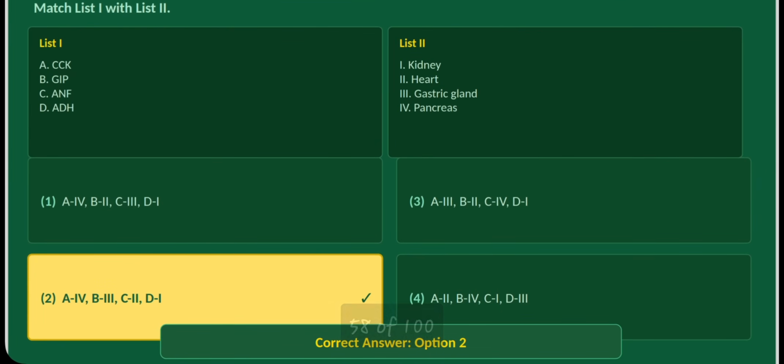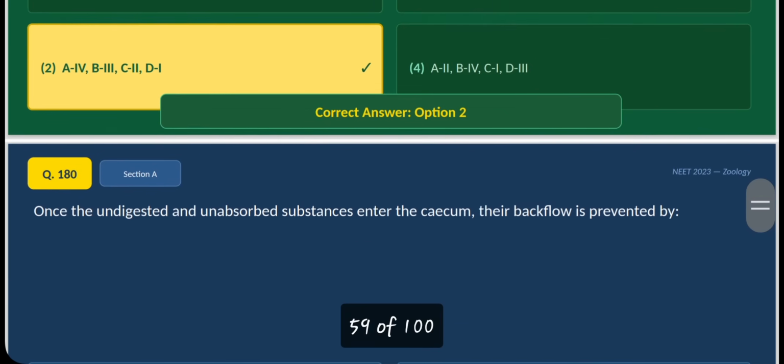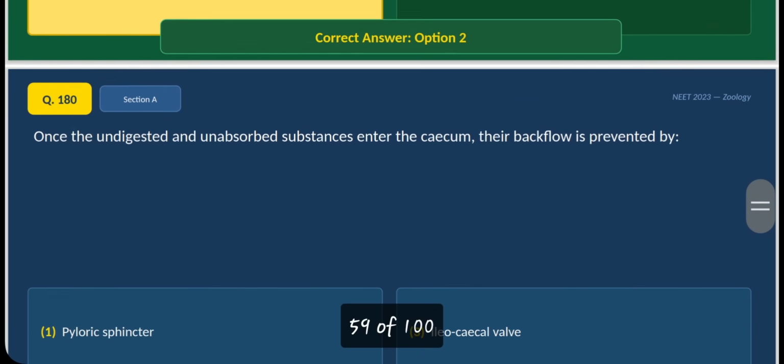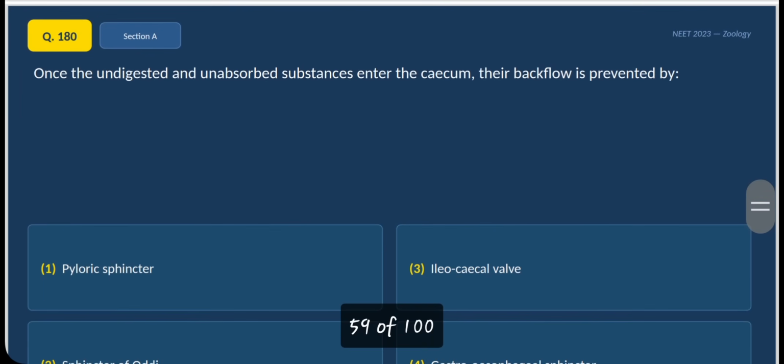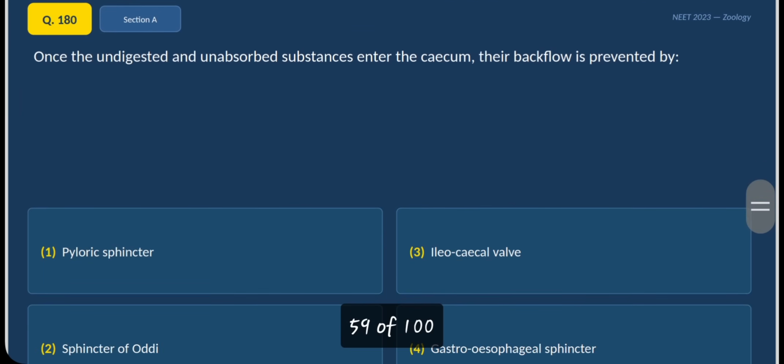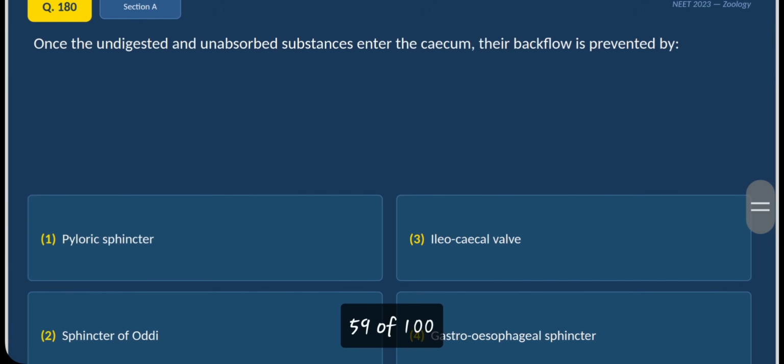Very interesting match the following they have given in this topic. In this particular paper, you can see more of match the following. Once the undigested and unabsorbed substances enter the cecum, their backflow is prevented by pyloric sphincter, ileocecal valve, sphincter of Oddi, gastroesophageal sphincter.